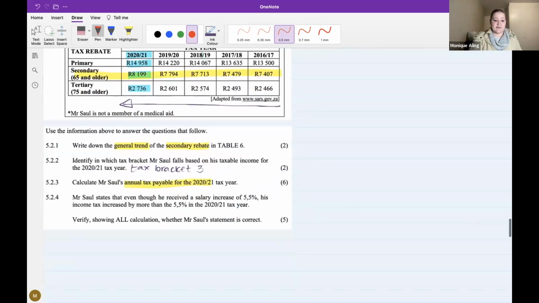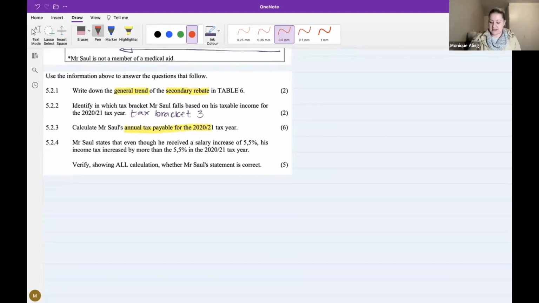Okay, so let me write it down here. So his old tax amount, 70,893.70, and his tax amount this year, we just worked out, is 73,734.46.